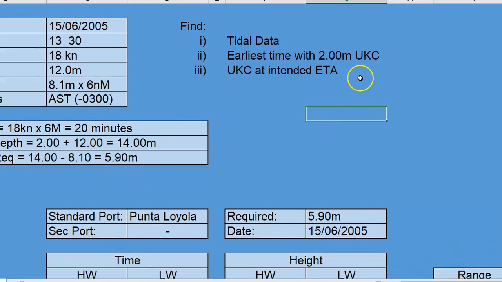That underkeel clearance is essentially what we want. We said this is what we need throughout the period. We always want an underkeel clearance of at least 2 meters. So what is the earliest time that we can reach the shoal where we will still have a 2 meter underkeel clearance?